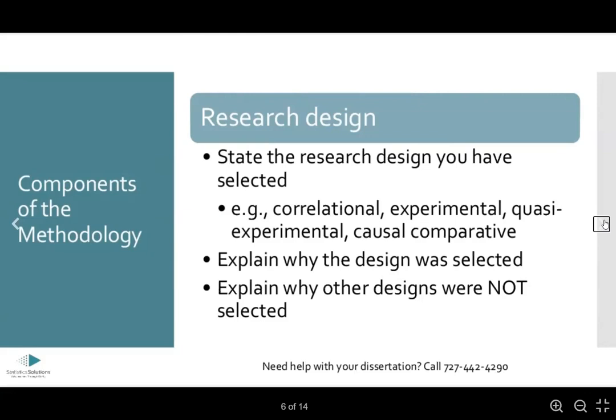So if you're studying smoking, for example, you can't assign a group to smoke. So maybe instead you would look at correlations between groups and health outcomes. So once you have provided why you selected your design, why you didn't select other designs, then you'll have established this rationale, and then you can move on to the next section.